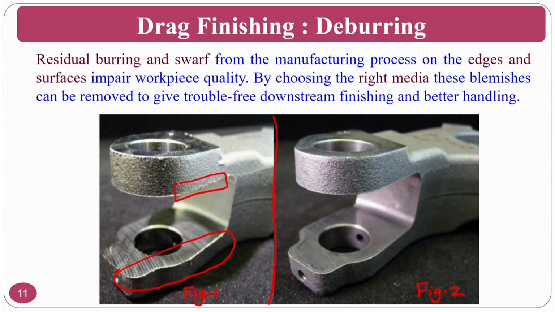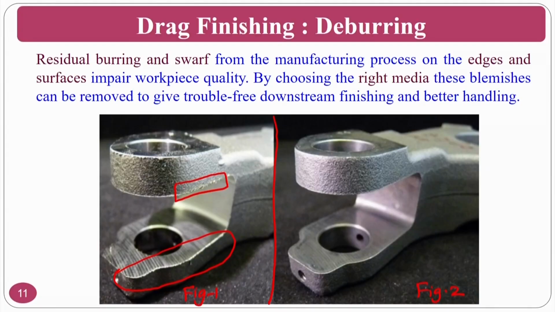These burrs impair the quality of the component, and if you want to put this component into practical application, these burrs hamper its performance. So by choosing the right media, you can do the drag finishing operation, and you can clearly see in figure number 2 how these burrs are removed.